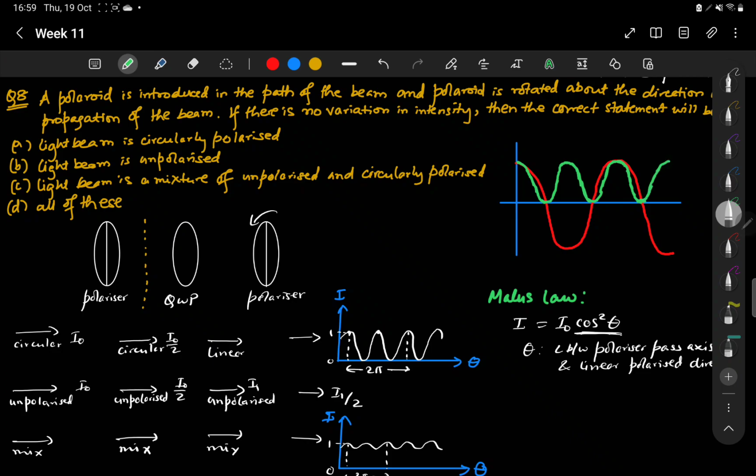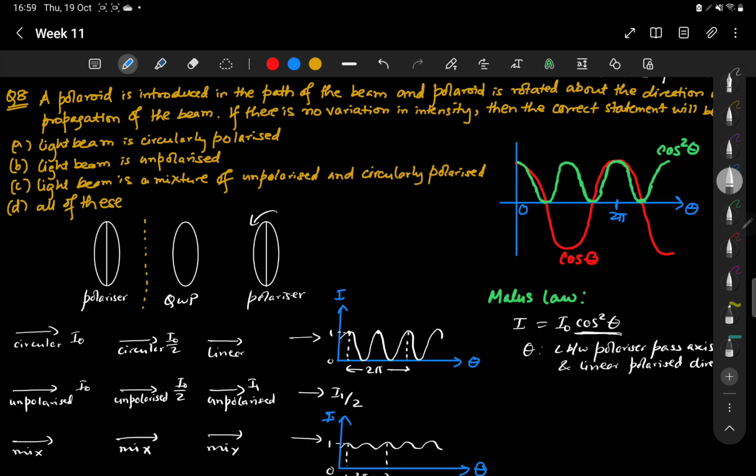You see, now this is theta, this is cos theta, this is cos squared theta, and you see that my 2 pi is over. If this is 0, this is 2 pi.